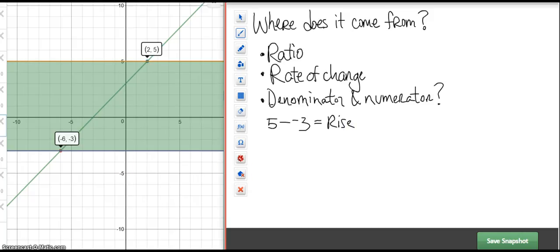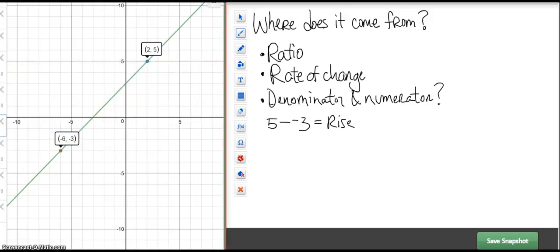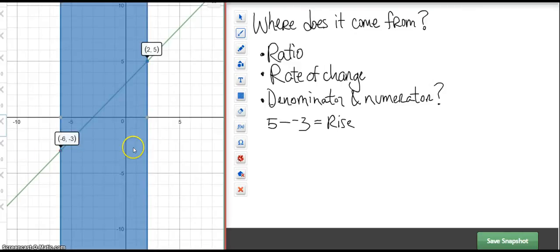Then, to find my denominator, I'm talking about the change from -6 to 2, meaning the change in this interval. So I'm going to do the same exact thing.